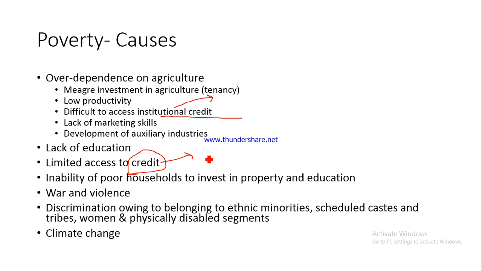They were displaced because of climate change, and it became difficult for them to survive and to maintain the same standard of living, and ultimately it led to them becoming poor. So these are the causes for poverty in our country.